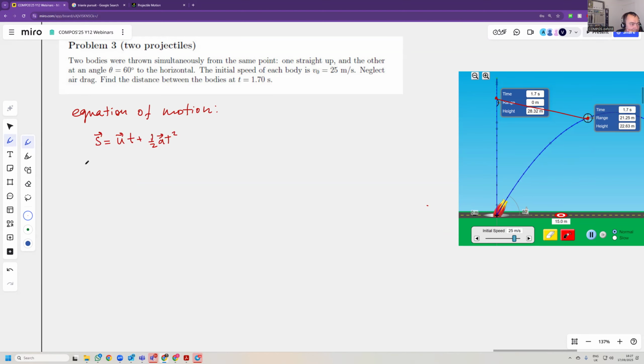S is the final position minus the initial position. So R0 is the initial position, and R is the final or current position.